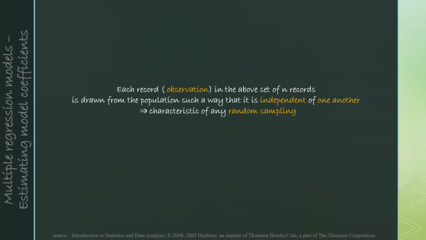Each record, often referred to as an observation in the above set of n records, is drawn from the population in such a way that it is independent of one another, which is characteristic of any random sampling.